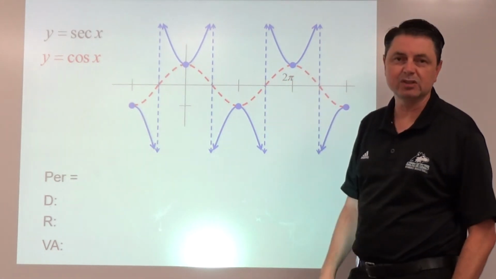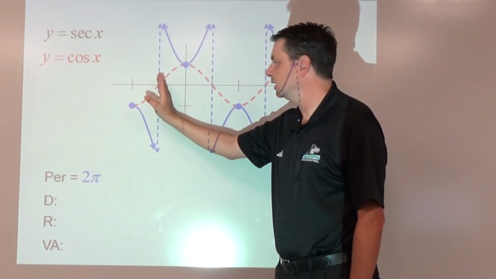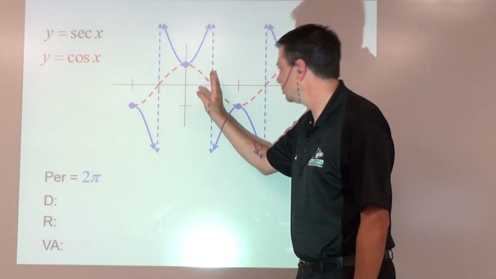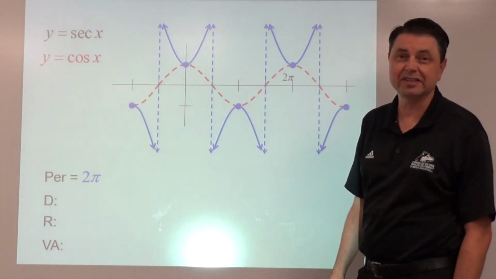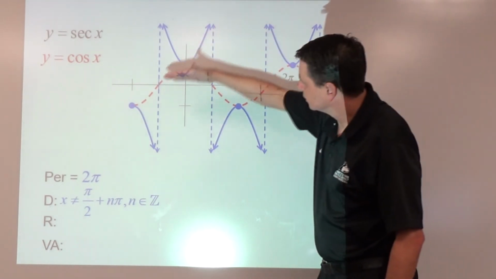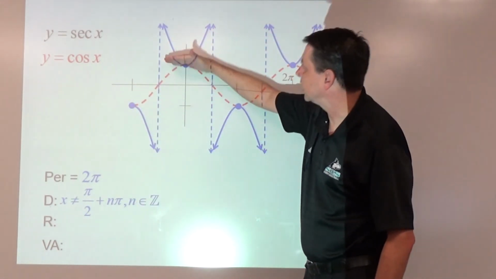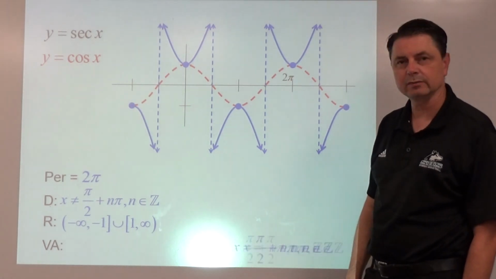Period is again same as it was for cosine. Domain, x cannot be negative pi over 2, pi over 2, 3 pi over 2, 5 pi over 2. So it kind of turns out to be the same as tangent. Range, negative 1 and below, positive 1 and above. Vertical asymptote.